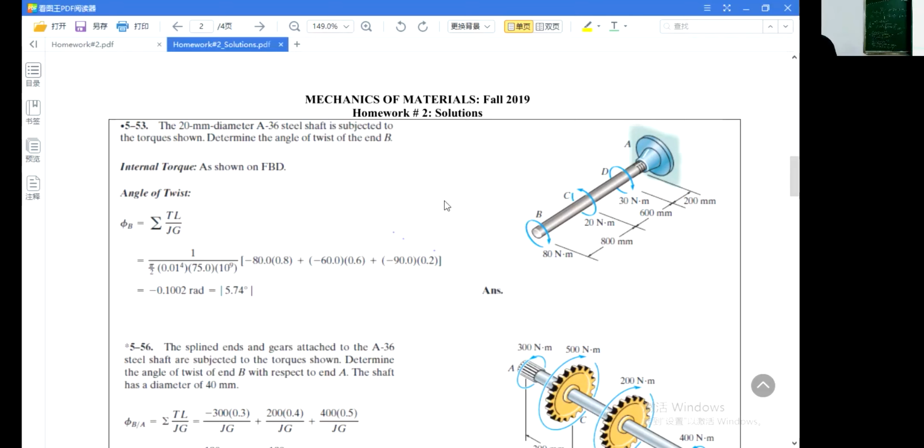Share the screen again. Sit down, please. Do you understand? Sally, you didn't understand. Where is your problem? The number 30.